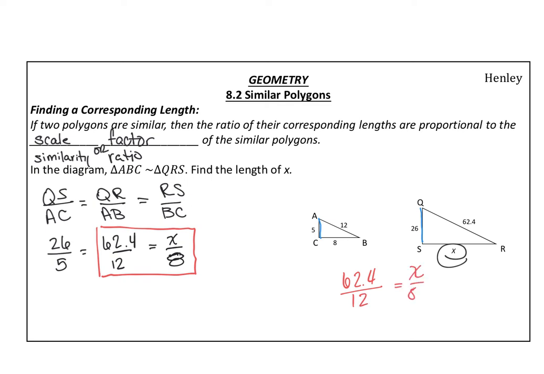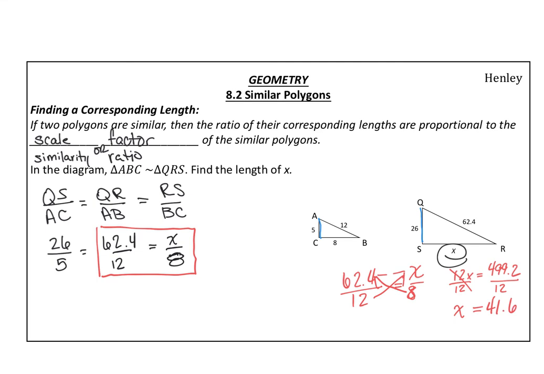So now we're going to cross multiply. 12 times x is 12x, and 62.4 times 8 is going to be 499.2. We divide both sides by 12. That's going to give us x on the left side, and x will be equal to 41.6.